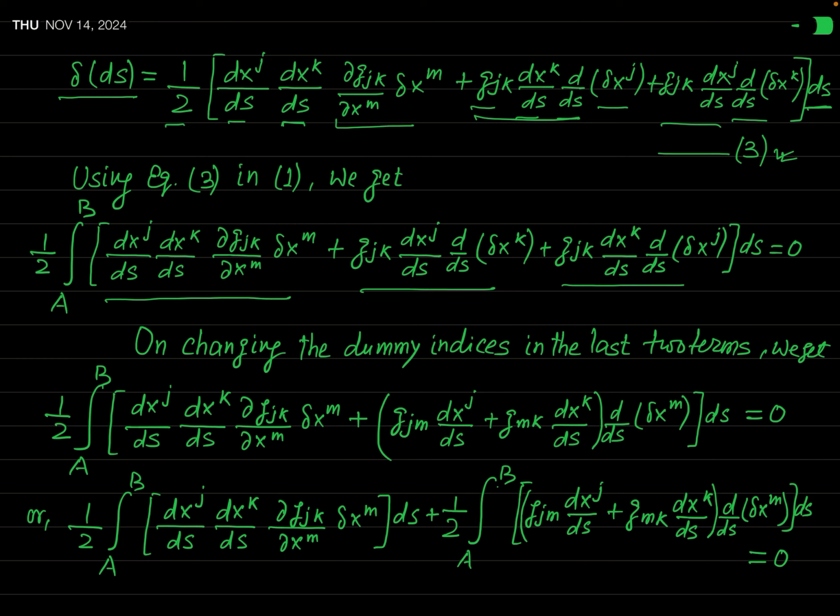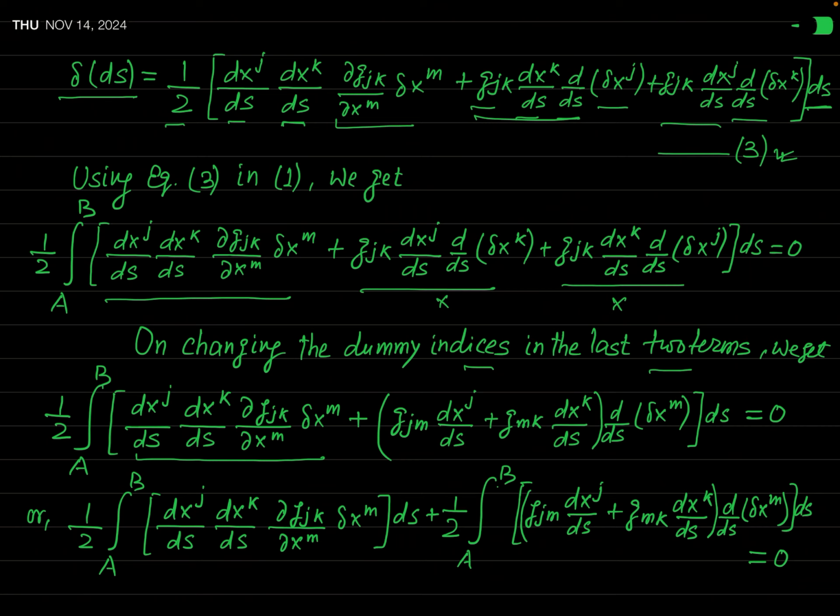Okay. Now you know, in any tensor equation, the dummy indices may be freely changed. So if you change the dummy indices in the last two terms, that is in this term and in this term, then what will be our result? You can see the first term is unchanged. This has been written exactly same as it was before.